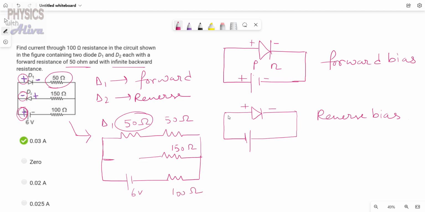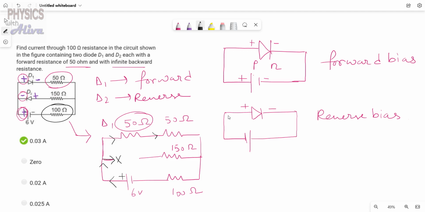Now we have to calculate the current through the 100 ohm resistance in the circuit. We have to calculate the current through this resistance, right? So from the positive end of the battery the current will flow. See, the current is flowing. Why is the current not entering this path? Because the path is disconnected. Infinite resistance means the path is disconnected. The current always follows the path of smaller resistance.